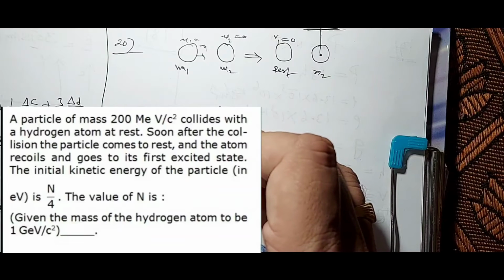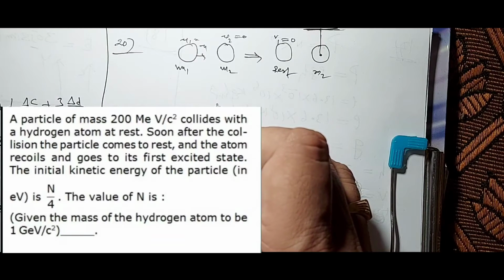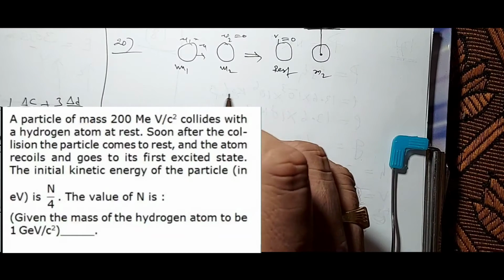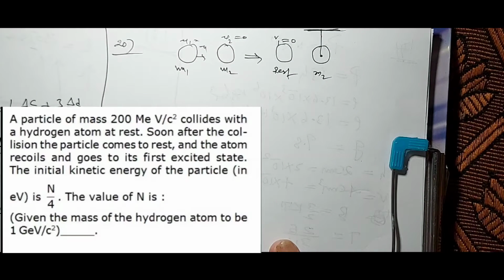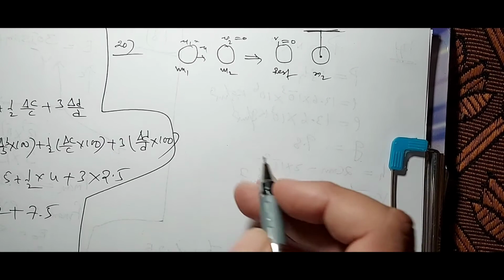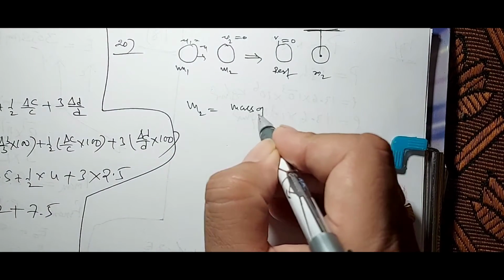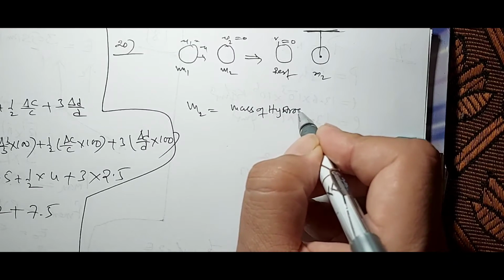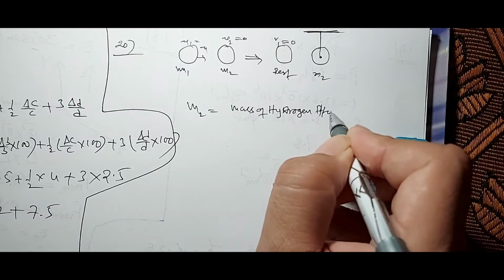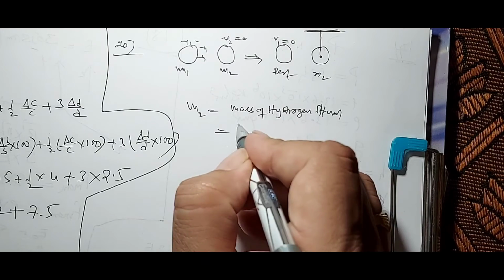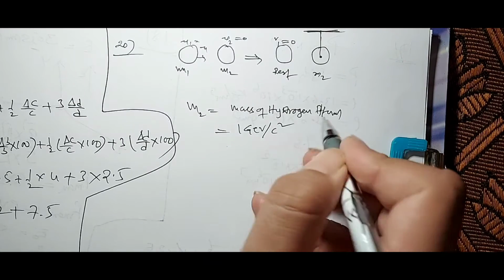So, after collision, what is the velocity of the hydrogen atom? The initial kinetic energy of the particle is, here he asks, here m2 is the mass of the hydrogen atom, that is equal to how much? 1 giga electron volt per c square.